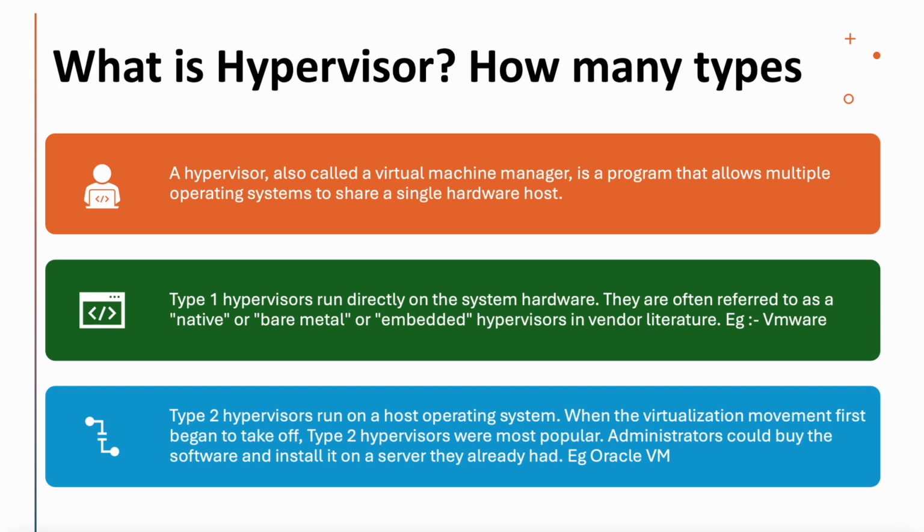The second type of hypervisor runs on a host operating system. When virtualization first began to take off, Type 2 hypervisors were most popular. Administrators could buy the software and install it on a server they already had. Example: Oracle VM.